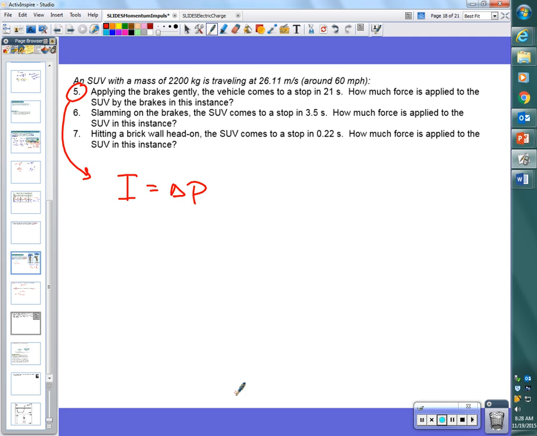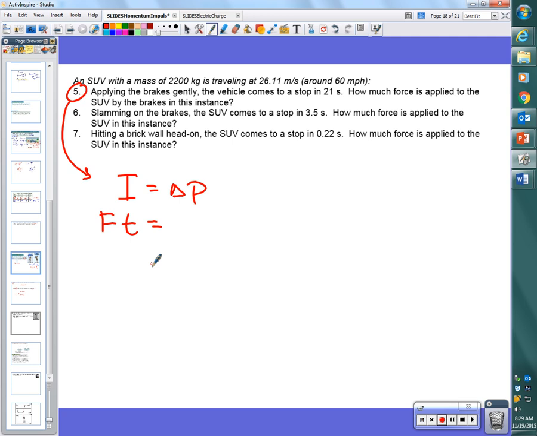All right? Now, let's be a little more detailed. We just discussed impulse depends on 2 factors, right? What are the 2 factors? Force and time. There is a change in momentum. Momentum depends on 2 factors, right? Mass and velocity.